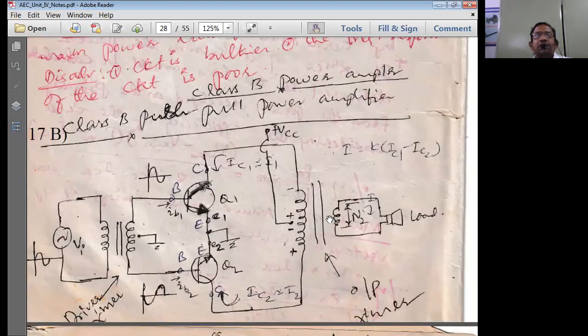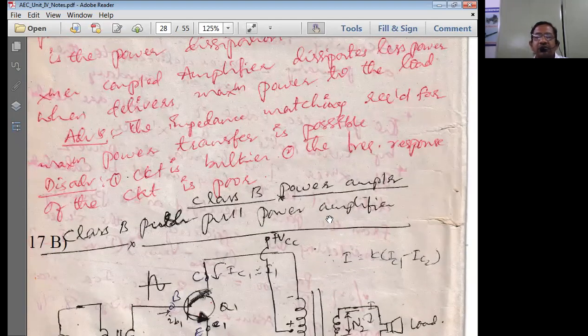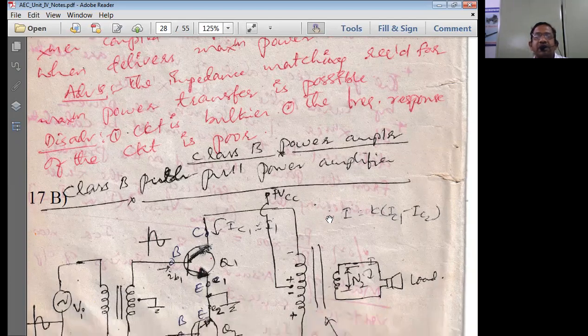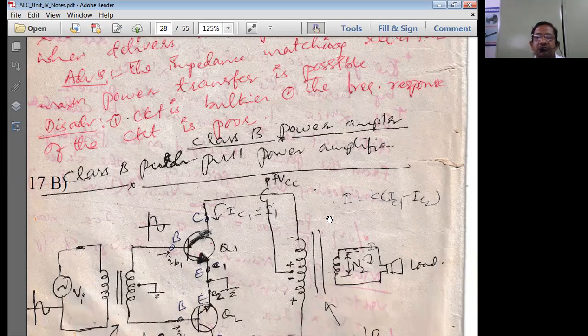Now, what are the advantages of the class A transformer coupled amplifier? Impedance matching is not required separately because of transformer coupling. Next, the maximum power transfer theorem is possible here. Maximum power is going to get transferred because of impedance matching. That is the greatest advantage. Efficiency is more than the direct fed class A power amplifier.